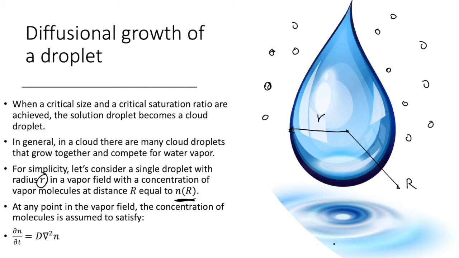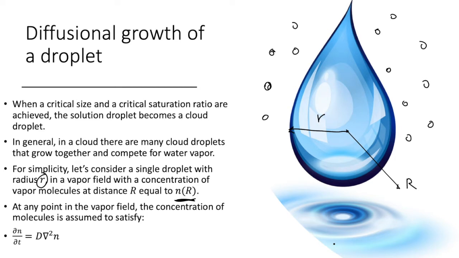Well, remember when we talked about the Fourier heat equation, right? We said heat essentially propagates as a diffusive process, okay? Well, the behavior of the concentration of water molecules also can be thought of as a diffusive process, okay?